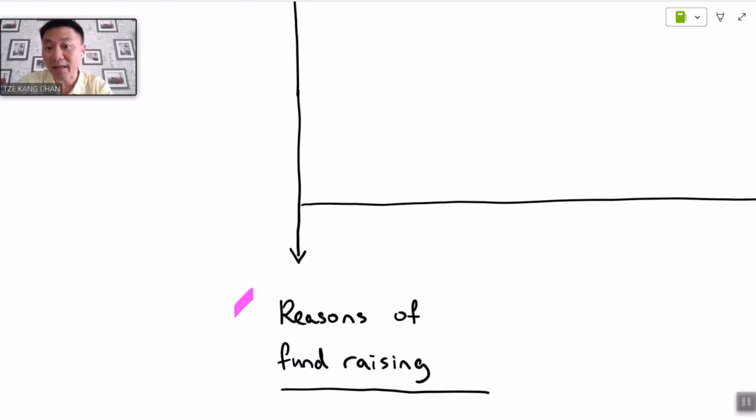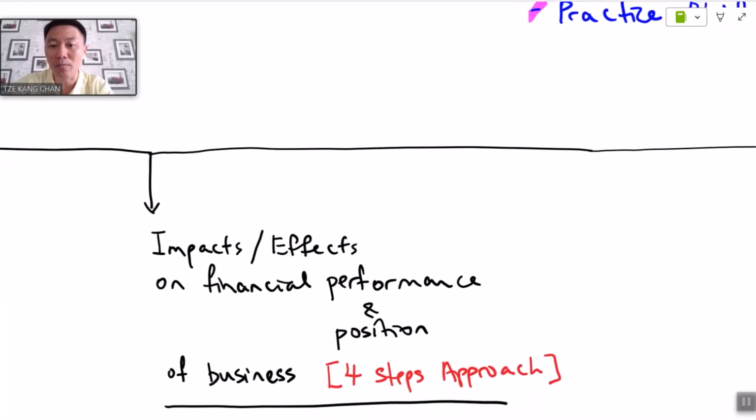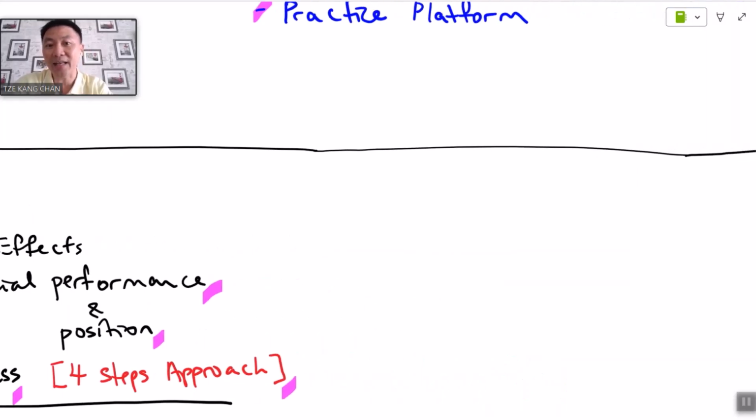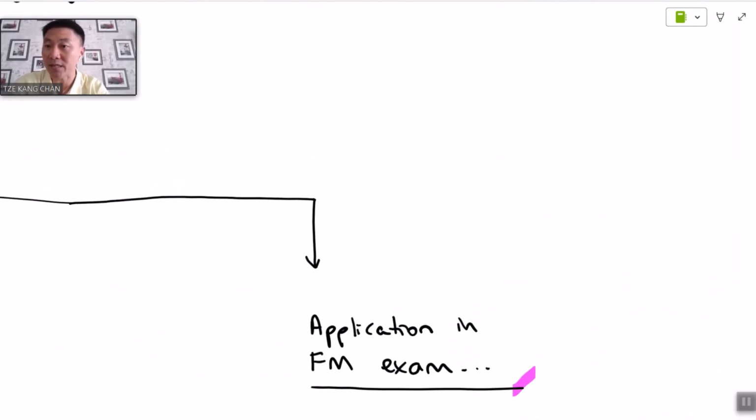With this understanding of the reason for getting extra financing, how would these moves affect the financial position and performance of a business, by going through a four-step approach that will be demonstrated and discussed in a while. Finally, how would this understanding be applied to typical examination questions in paper FM?